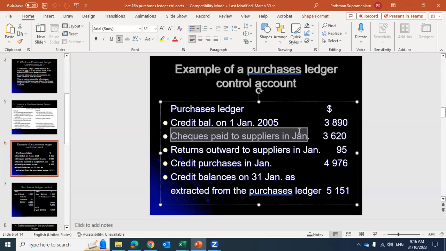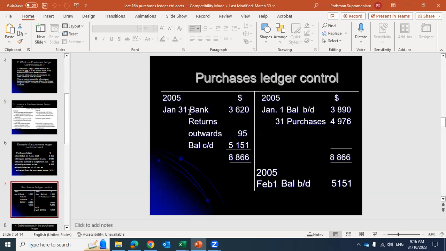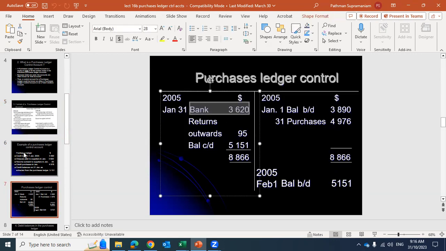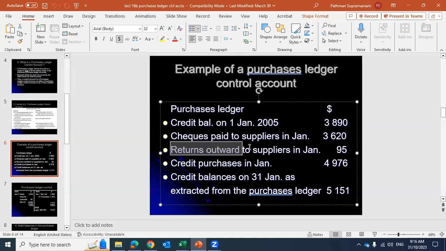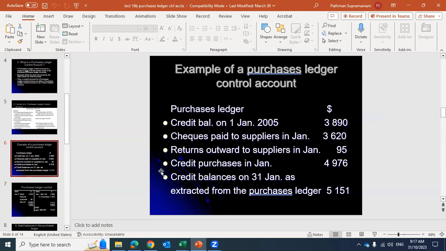Now, checks paid to suppliers. If you recall the format, when we pay suppliers, we record it on the debit side. Although it's mentioned here as cash, it covers cash and checks, so debit side. Next we have returns outwards, also known as purchases returns. That should be placed on the debit side as well, as per the format.